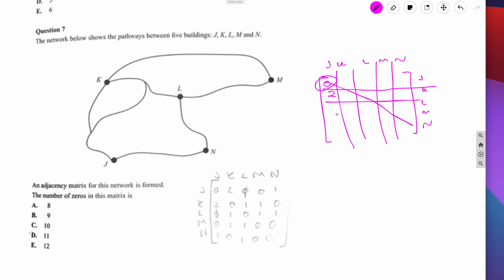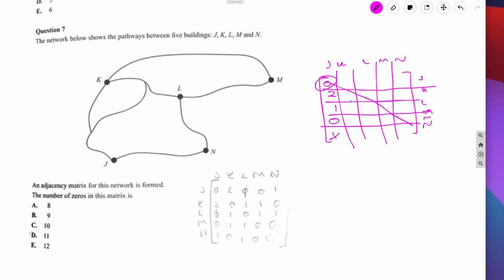So I should have 2 numbers here, 3 numbers here. Oh, it's a little bit wonky. That's M. And then N down the bottom. So then, yep, J to L, that had 1. J to M, there is no way that I can get directly to M, so that's a 0, so that counts. And J to N, I can definitely get there, so that's not it at all.